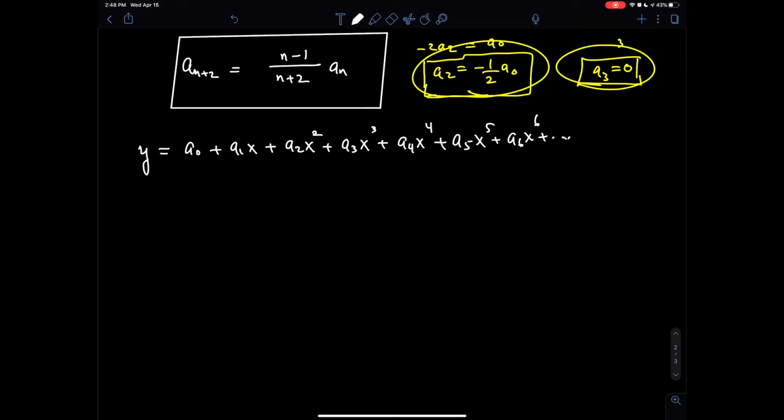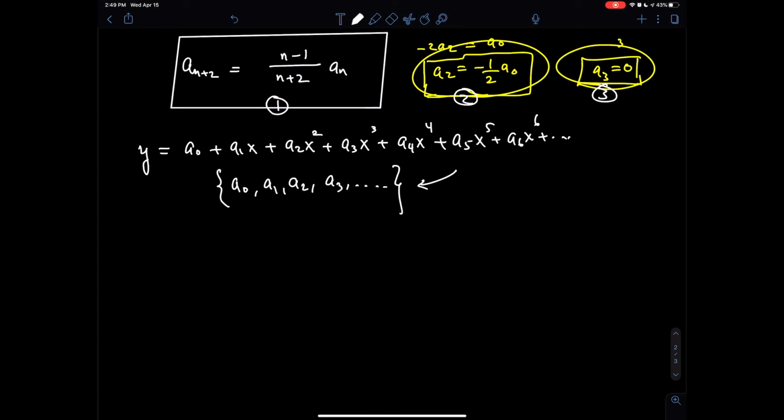Now, in order for me to find the solution, what is it I need to have? I need to have a naught, a1, a2, a3. So I need to have all my constants so that I can have my solutions. And the way I'm going to find these constants is to use equation 1, equation 2, and equation 3. I'm going to have to use these three facts or relationships so I could find all the constants.